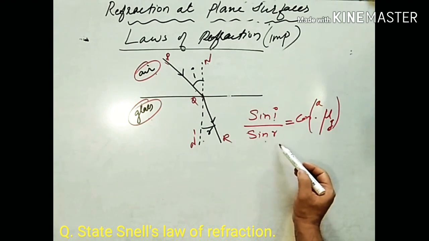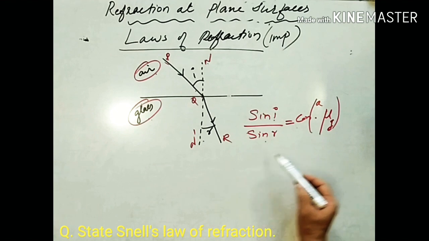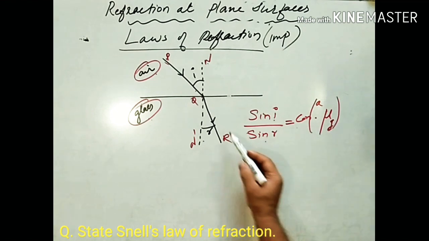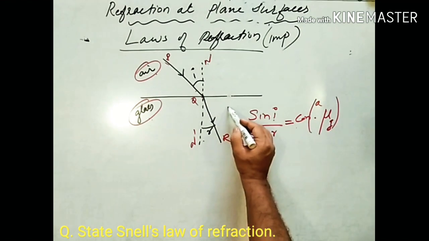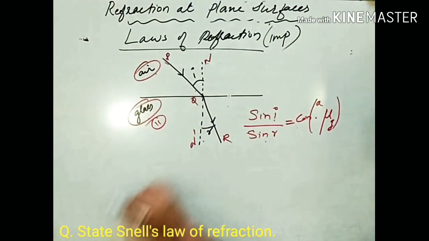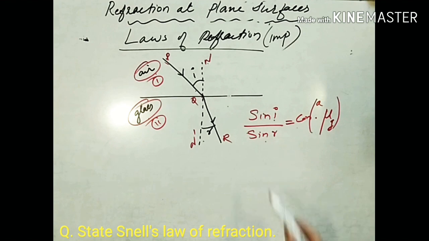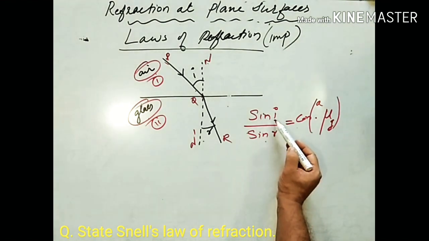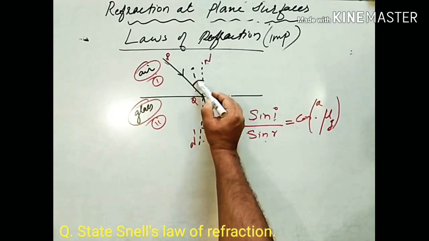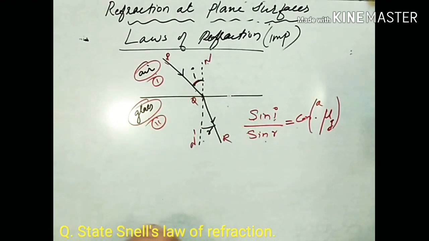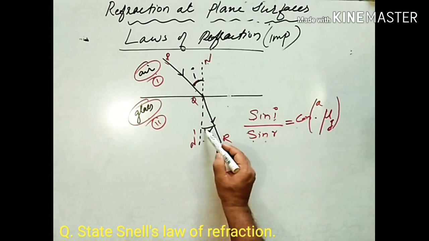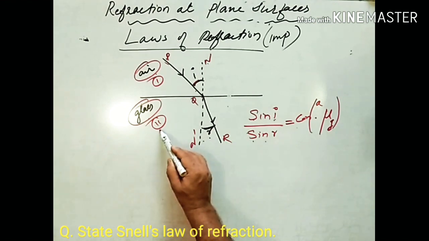So sin i by sin r is a constant quantity that I call the refractive index of the second medium with respect to the first medium. It is the ratio between the sine of the angle of incidence in the first medium to the sine of the angle of refraction in the second medium.